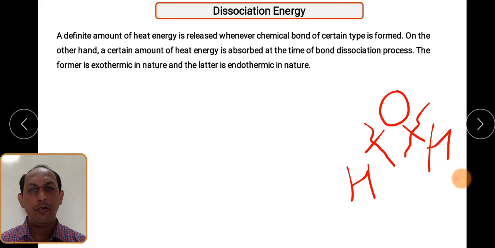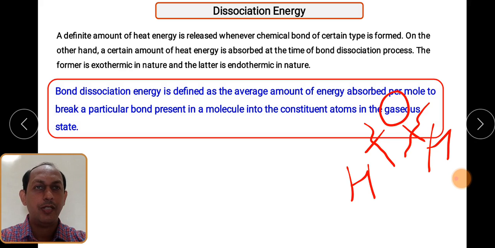See, whenever any particular covalent bond is formed, the energy is being released. And when we want to break that particular bond, we need to absorb energy. So that is the endothermic process. Remember this terminology. This will help you to study the dissociation energy.